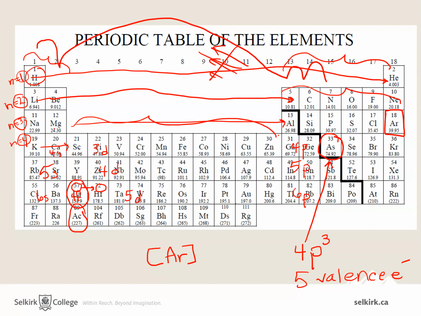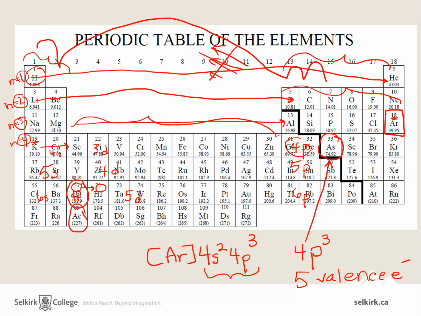To write the rest of the configuration, I just continue on. After argon 18 comes potassium 19. And that's in the 4s block. 4s will hold 2. To get to arsenic, I have to come over after the 4s to the 4p. 4p3, as we said before. Hey, look, 5 valence electrons. Ta-da!